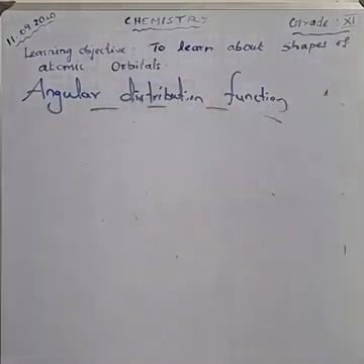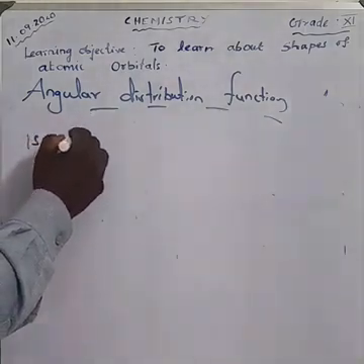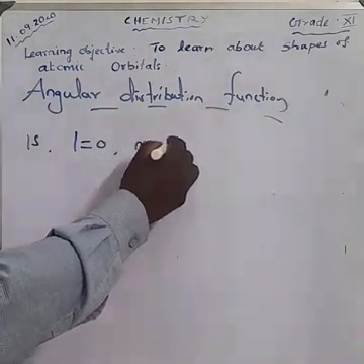Angular distribution function. The variation of the probability of locating the electron on the sphere with the nucleus at its center depends upon the azimuthal quantum number. Here, for a 1s orbital, the value of l is equal to 0 and m is equal to 0.